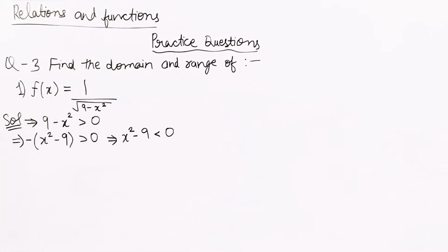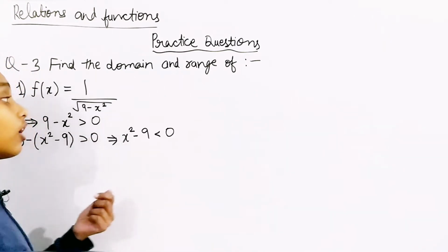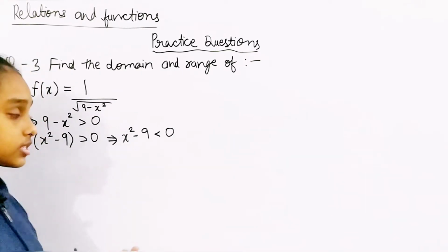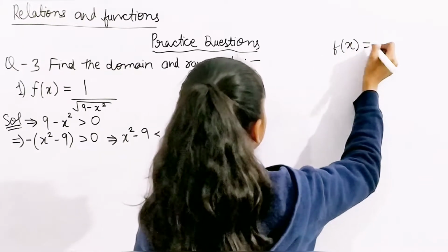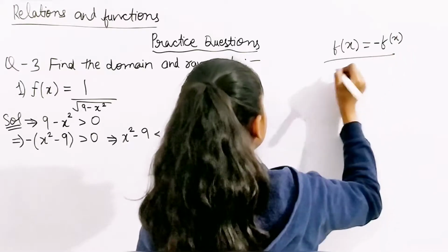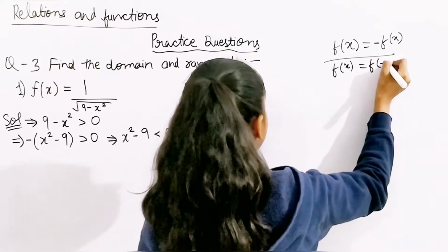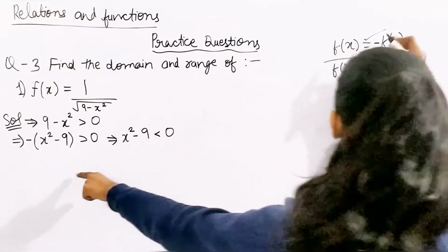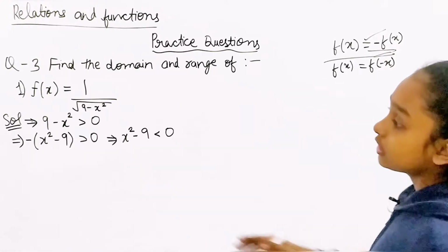As we know, we have studied even functions and odd functions. In an odd function, we saw that f(x) is equal to minus f(x), but in an even function, we had f(x) is equal to f(-x). So in this case, we have something like an odd function, and it's greater than 0.